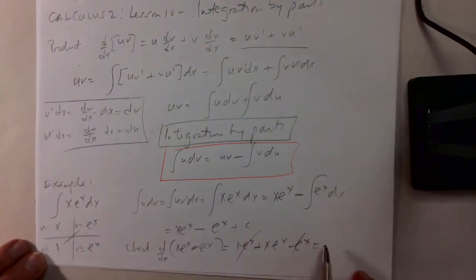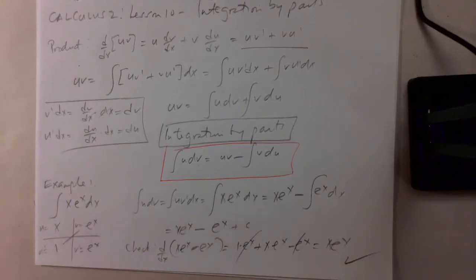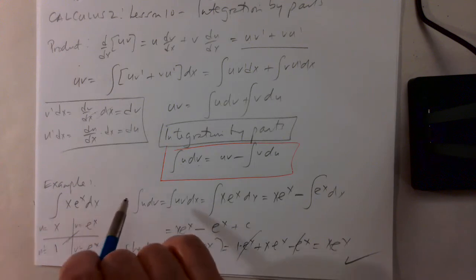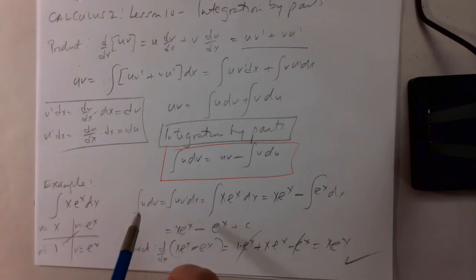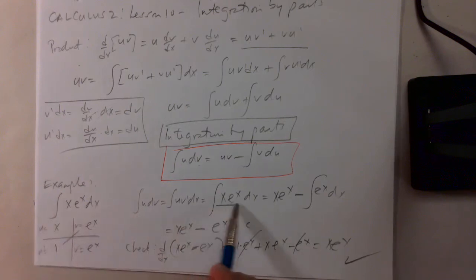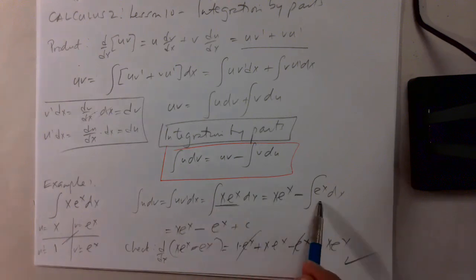We get x e to the x. So that checks. So somehow the integration by parts formula allowed us to go from the integral of x e to the x, which is hard, to the integral of e to the x, which is easy. And that's why we could do the integral.